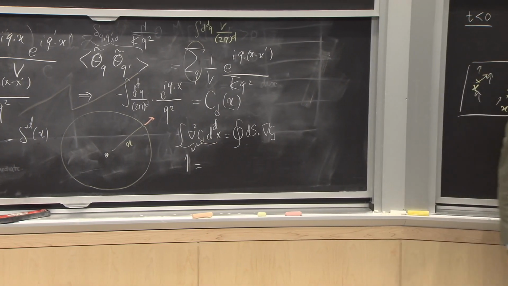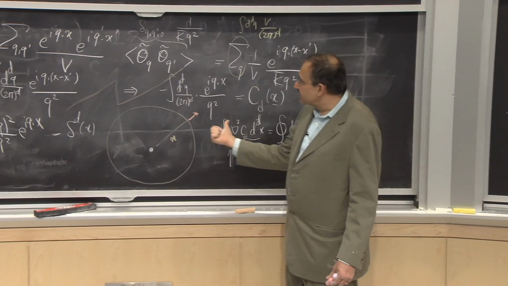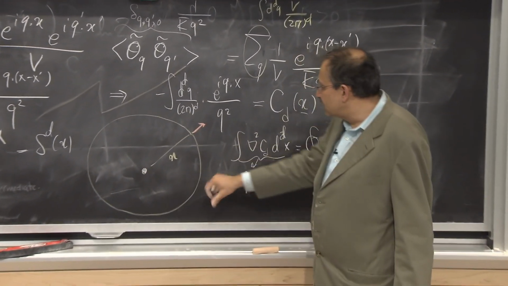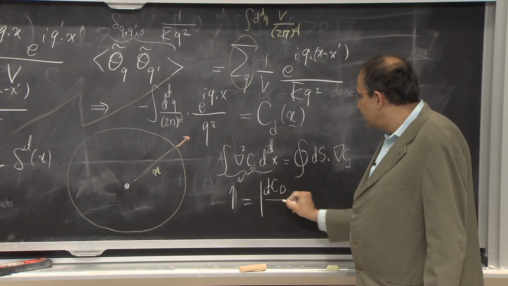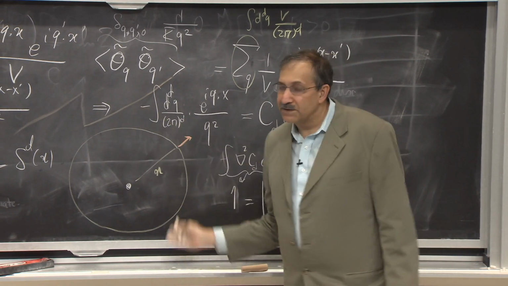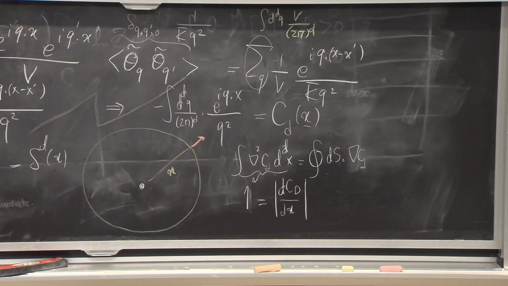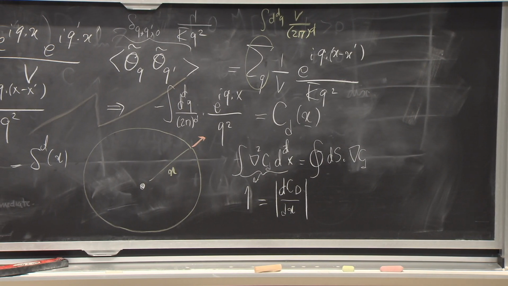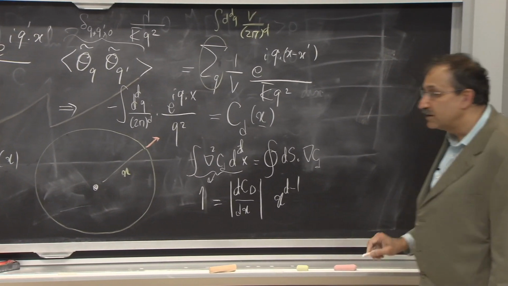What do I get on the right-hand side? It's just like the flux of the electric field that you have calculated: the magnitude of the electric field times the surface area. And I'm doing this generally in d dimensions. So the surface area in d dimensions grows like x to the d minus 1.